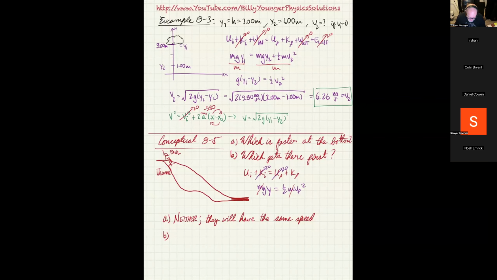So that means Jeannie is not only lower, which makes her closer to the bottom, but she's going faster. And at every point, she's going to be lower, so at every point, she's going to be going faster. Therefore, she will get there first because it takes her less time, again remembering that the length of the two is the same. So Jeannie gets there first.